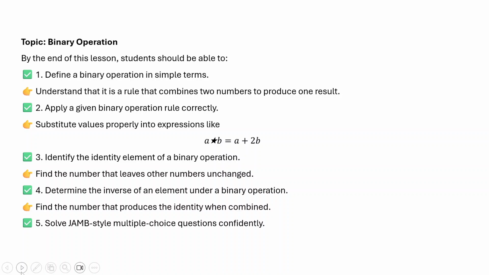Number three, identify the identity element of a binary operation. That is, find the number that leaves other numbers unchanged. Number four, determine the inverse of an element under a binary operation. That is, find the number that produces the identity when combined. Finally, solve JAMB-style multiple choice questions confidently.